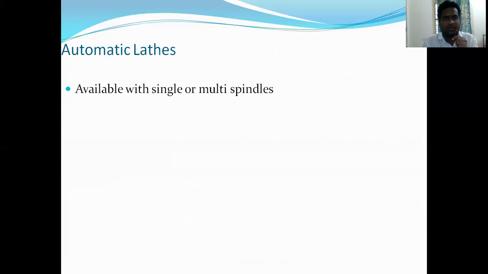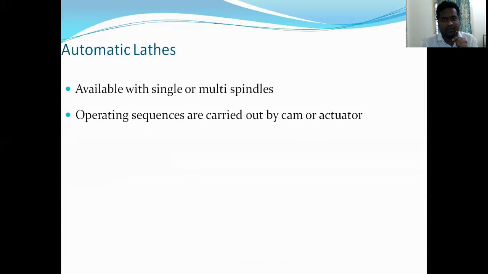Automatic lathes. Automatic lathe means it is available with single or multiple spindles. Operating sequences are carried out by a cam or actuator. In automatic lathes, there is no manpower. They simply actuate by themselves.